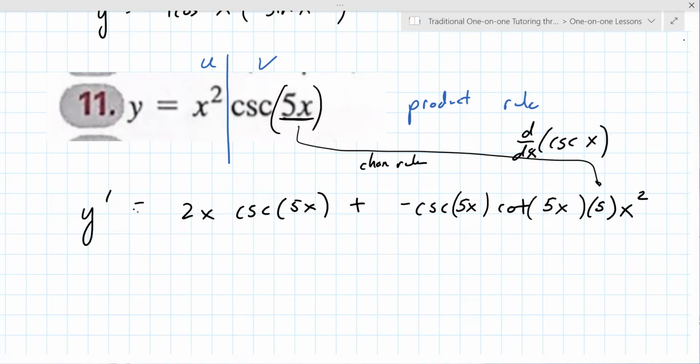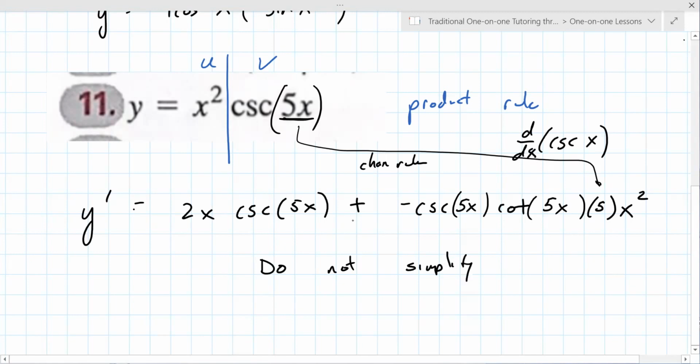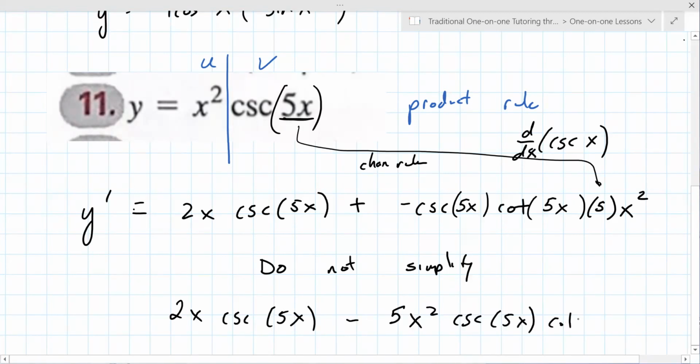You could, if your instructor says simplify, or usually they say do not simplify. Oh, okay. If that's the case, then you're done. If they don't say this, then yeah, you want to actually write it as 2x cosecant 5x minus, and then 5x squared would come out front, cosecant 5x cotangent 5x. Okay.